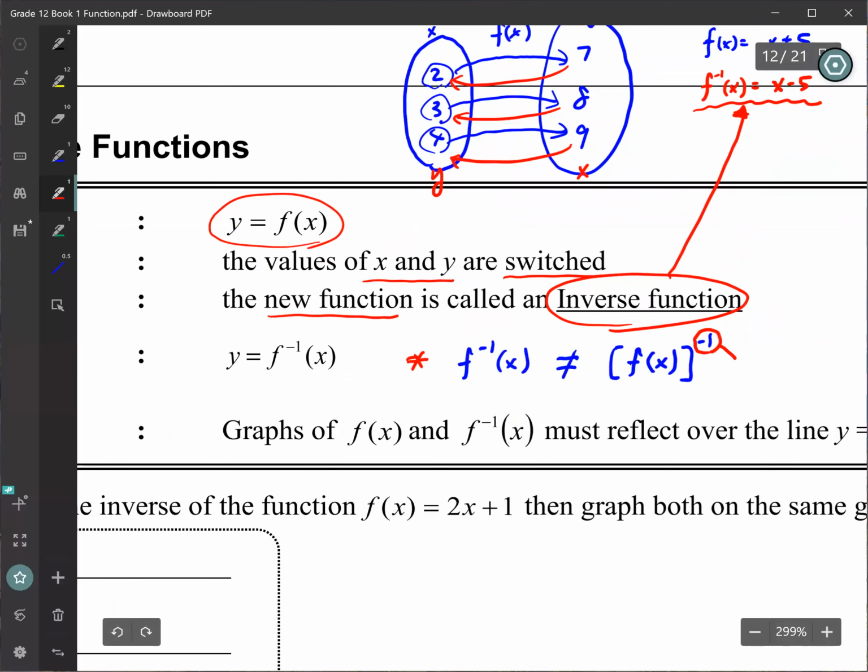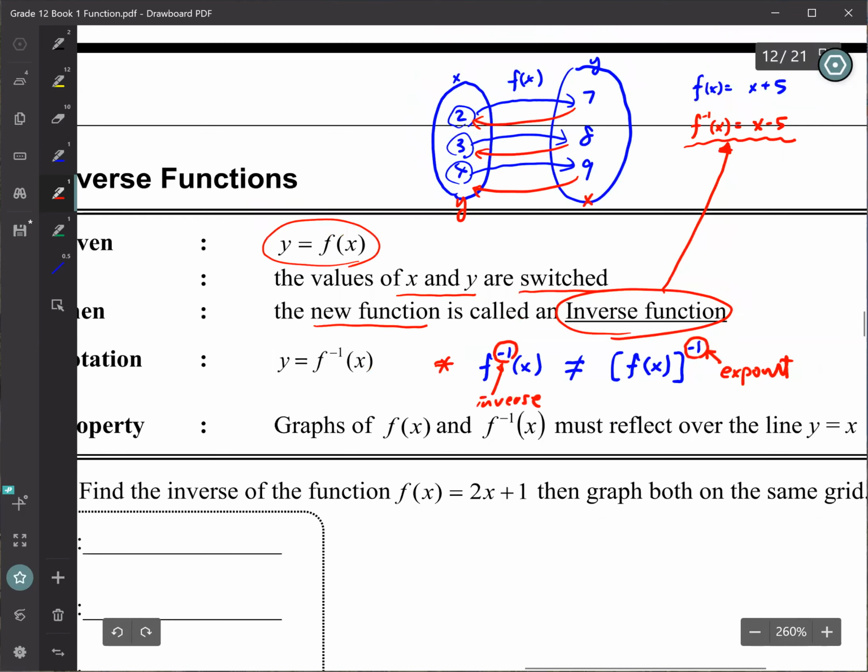This is an exponent, but this -1 here is called the inverse. It's not an exponent, different meaning, okay? So even though they're both at the top corner, they mean different things. If you want to show x exponent, you have to put it on the outside, at the back.